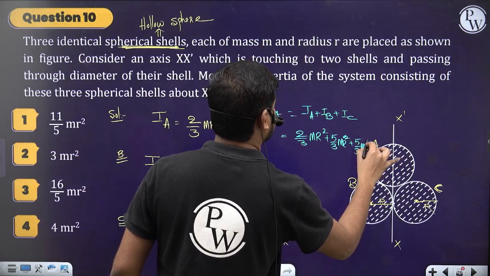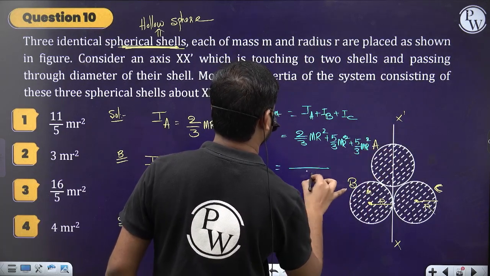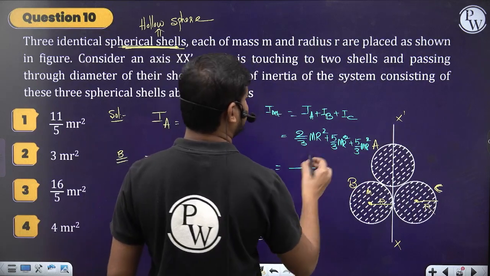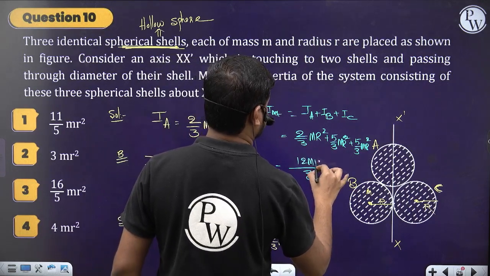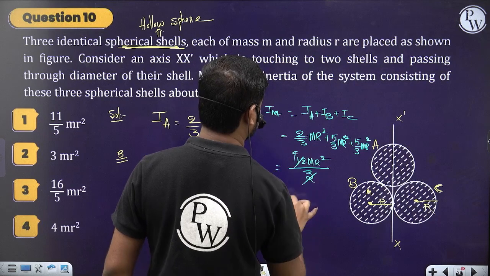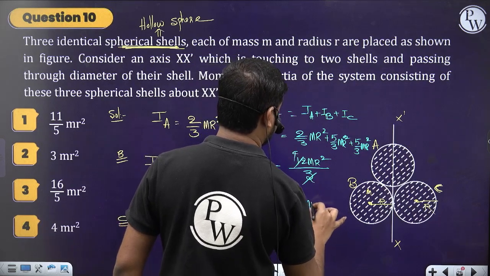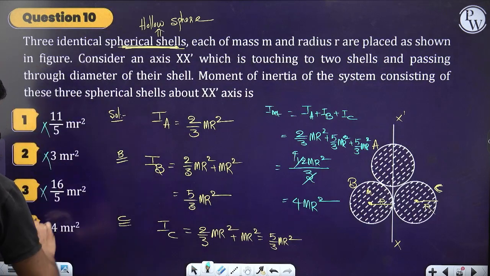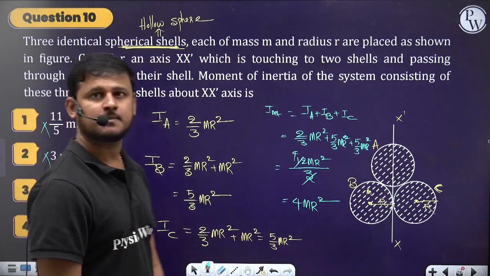All are over 3, so we get 2 plus 5, 7, 7 plus 5, 12. So 12 by 3 mr square, which is 4 mr square. Option 4 is the correct one.